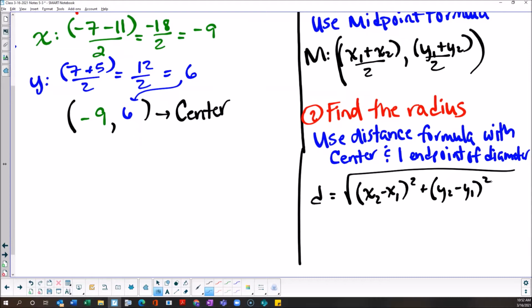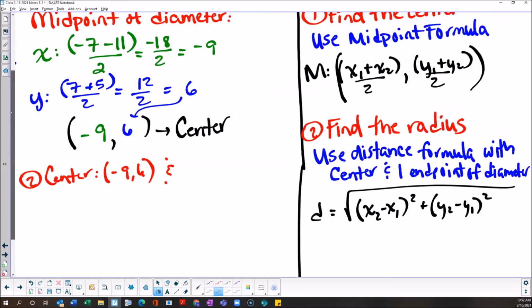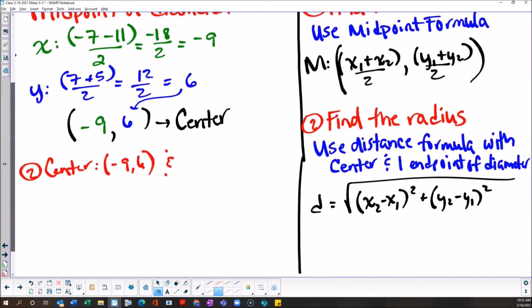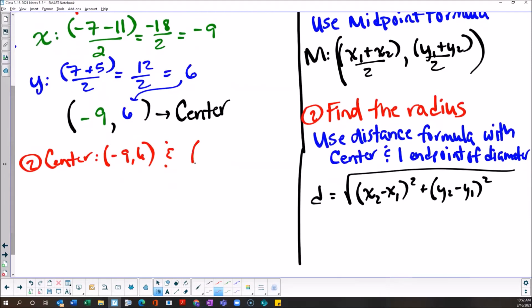So on step 2 here, I'm going to use the center and one of the endpoints. So which one should we use? It doesn't really matter. How about -7 and 7? Just because the numbers are smaller. So that's going to give me the radius.